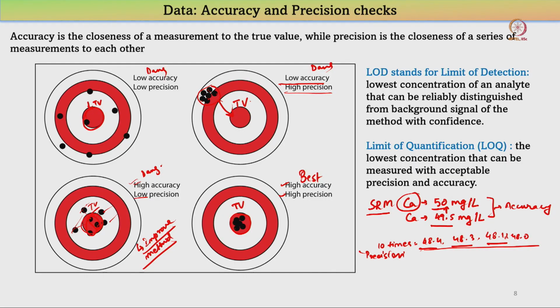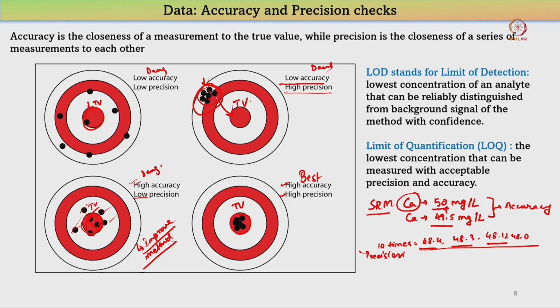This shows that there is either some problem with your instrument or with the reagent. You are sure that the instrument is measuring it right, but due to the reagent or some handling error it is falling outside your true value circle.